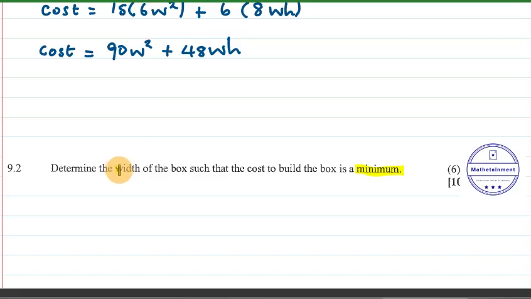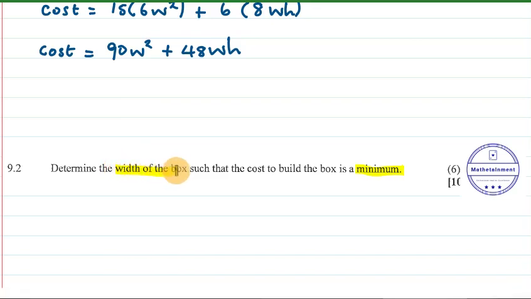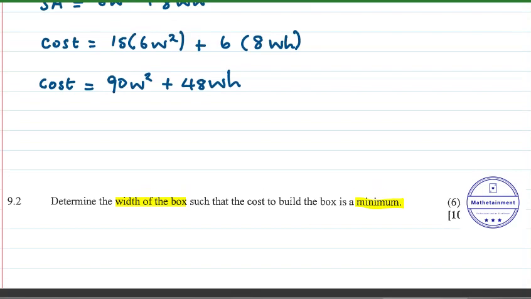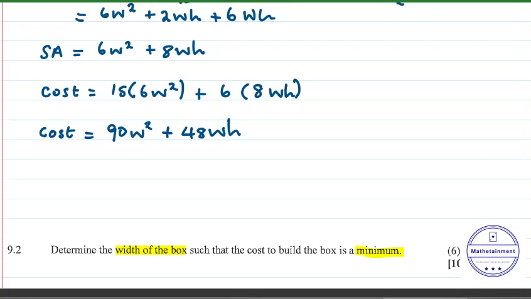So this is what you need. It is the width of the box. So you want to find the width of the box that can make you save money and complete your work. All right, let's check what we can do here to save money.